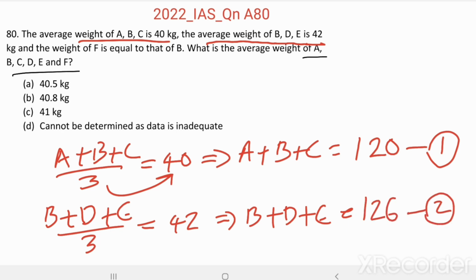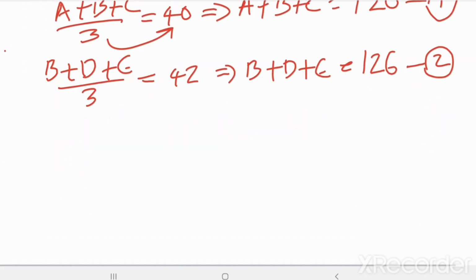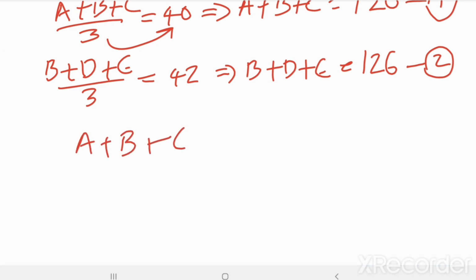This is the second equation. Then it is given that F equals B, the weight of F equals that of B. Then we want to find the average of A, B, C, D, E and F.